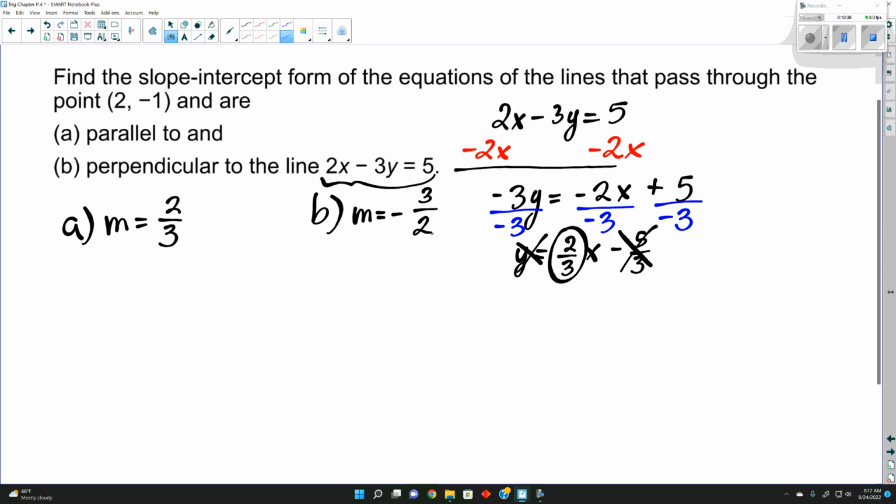So a lot of times when I'm doing this, especially if they gave it to us in standard form, this here is standard form, I'll really just go about finding the slope. I really don't care about that constant 5. I just want the slope. So I'll more or less ignore the 5 and just work on finding the slope.